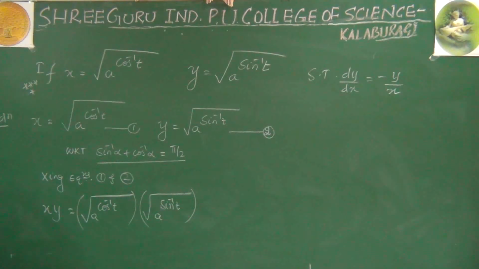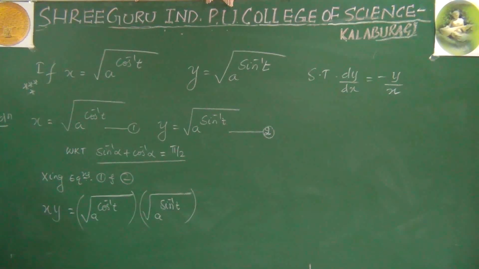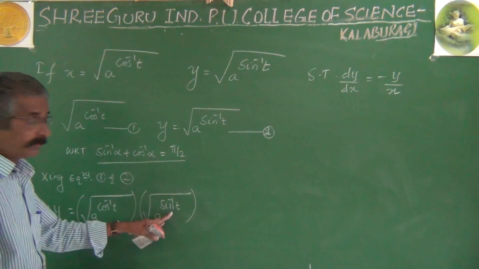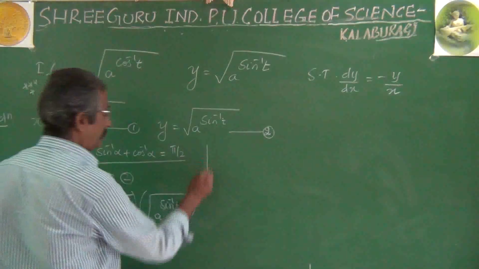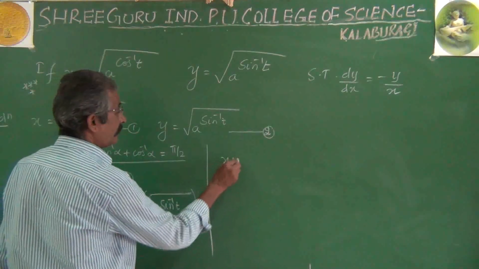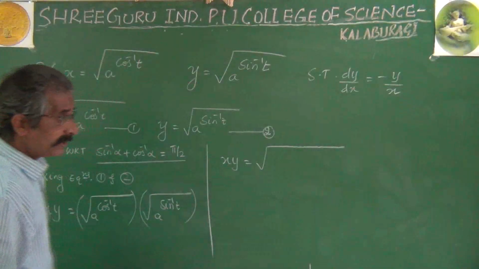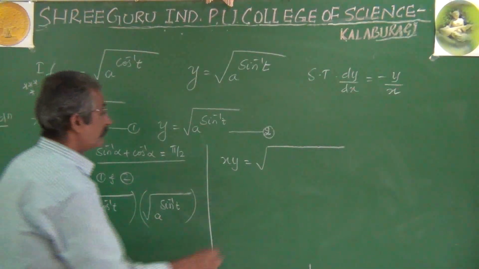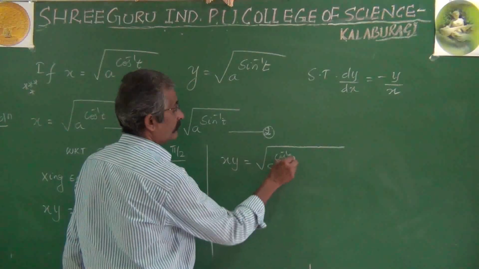Now these two are just like root a into root b. By the well-known laws of surds, square root of a into square root of b equals square root of a into b. So x into y is given by a single square root of a power cos inverse t into a power sin inverse t.